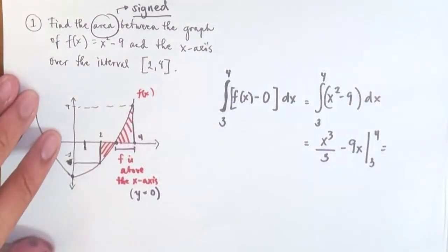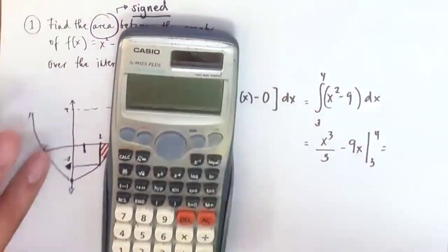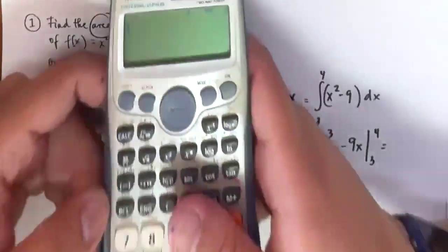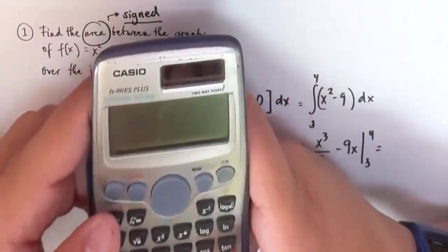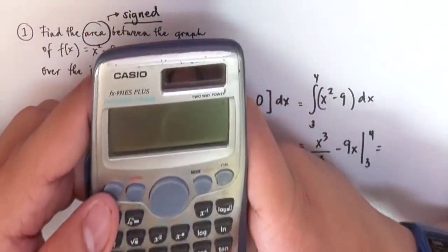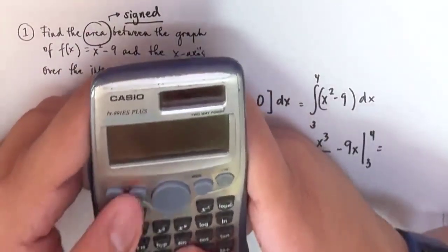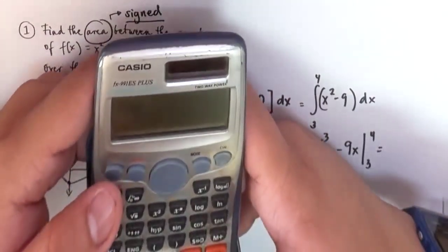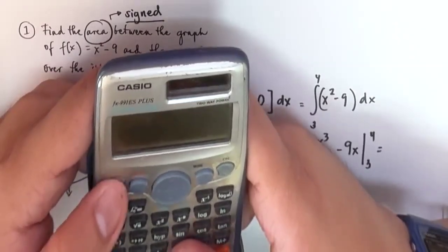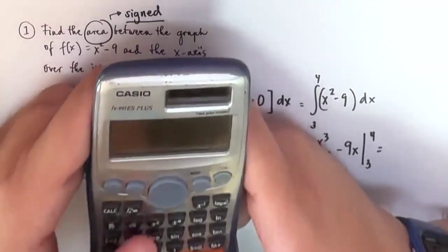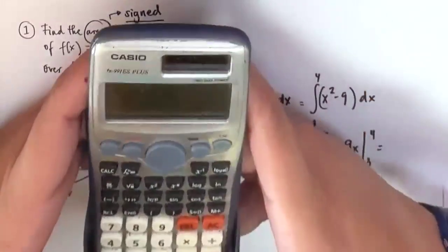Okay, that's not such a hardship. By the way, if you have this calculator right here, the Casio, you can input x squared minus 9 from 3 to 4.